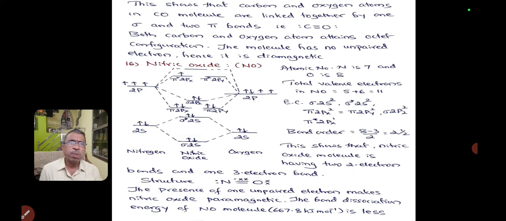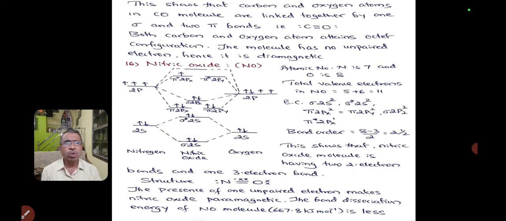There is one bond between nitrogen and oxygen wherein the 2 electrons of oxygen and 1 electron of nitrogen combine to form a 3 electron bond. The presence of one unpaired electron makes nitric oxide paramagnetic.